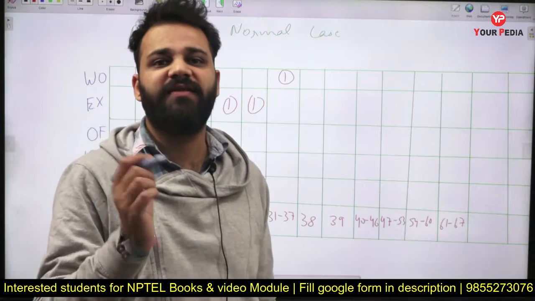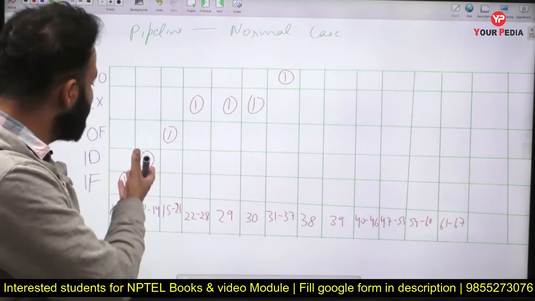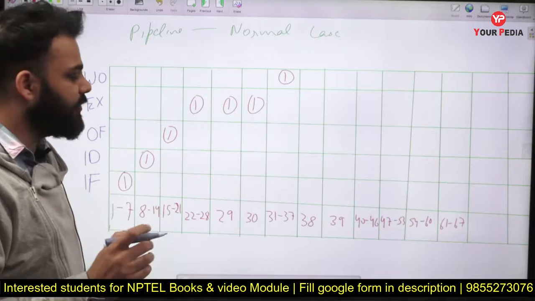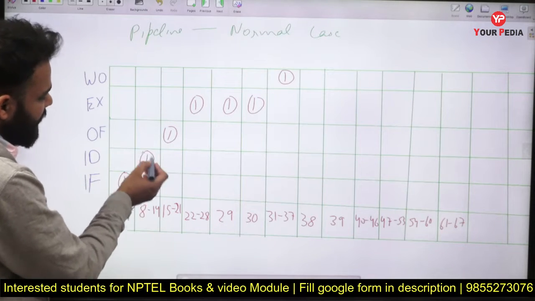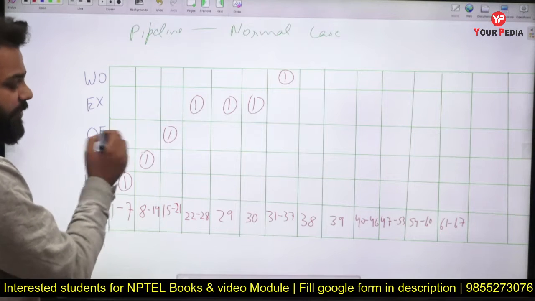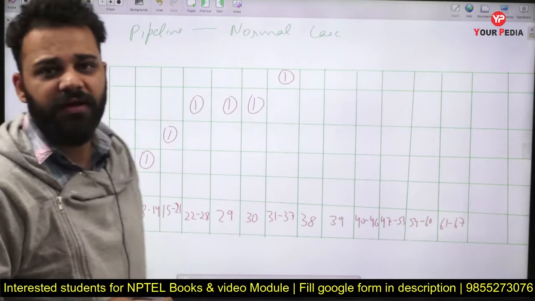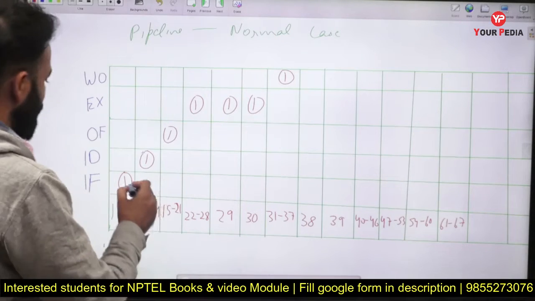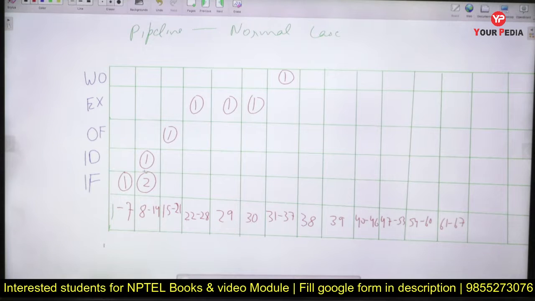So the next instruction can use that instruction fetch stage in the meantime, so that we can save the number of clock cycles. When the first instruction is in instruction decoding, in the meantime we will be performing instruction fetch for the second instruction. So let's say the second instruction will take 7 cycles for instruction fetch.